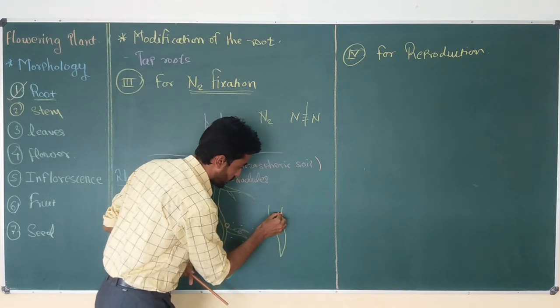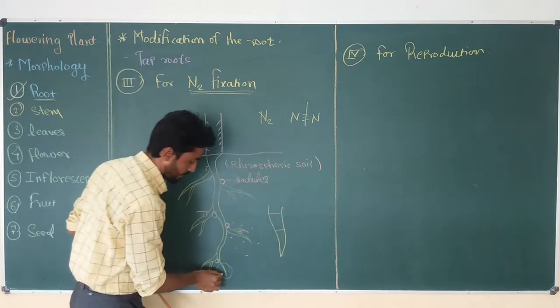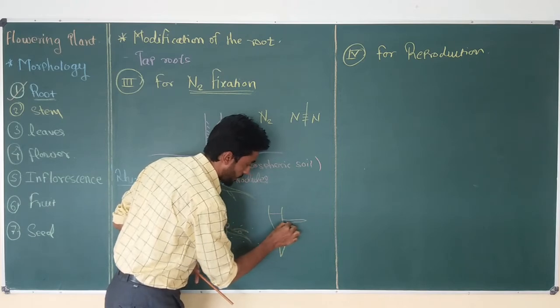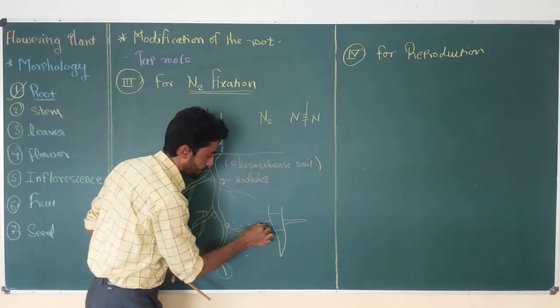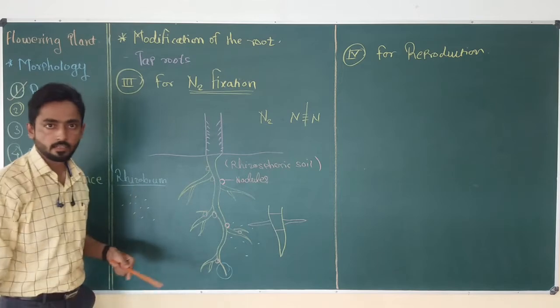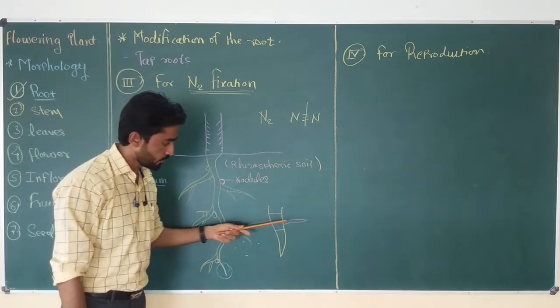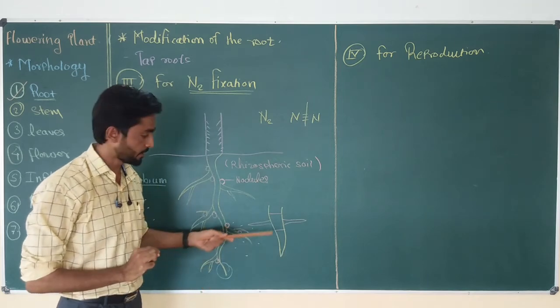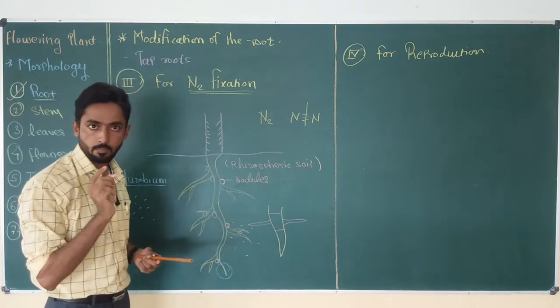So suppose this is the root hair region, and it contains a large number of root hairs, which are single-cell thin hair-like structures, and these root hairs are the primary site of water absorption in the root of flowering plants.